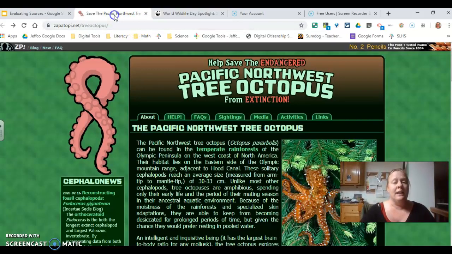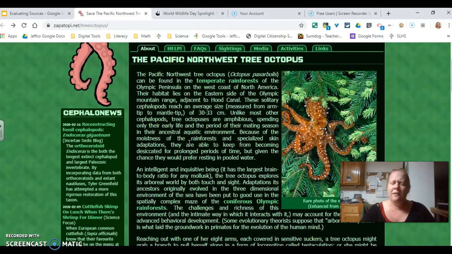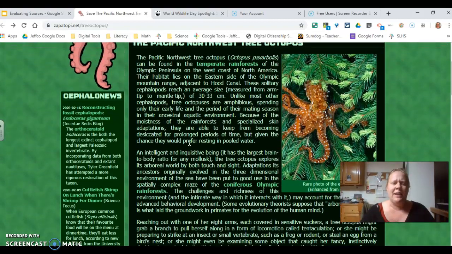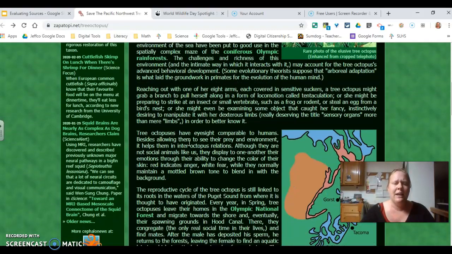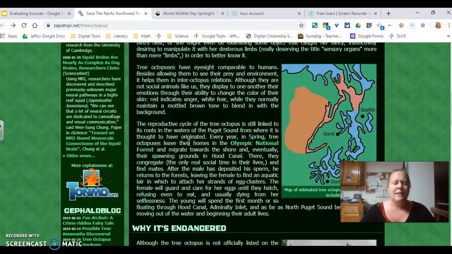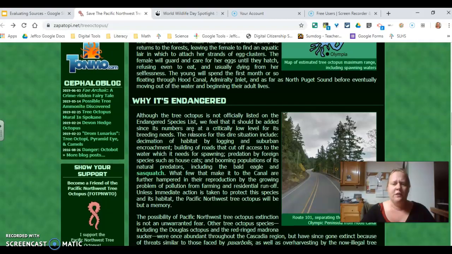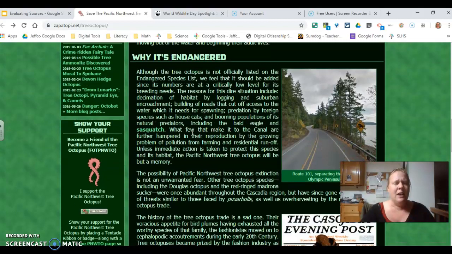Let's take a look again at the tree octopus. This website has tons of information in it. Very specific information about the animal itself, about its habitat, about what's endangering it, the reproductive cycle, all kinds of different information about the tree octopus.